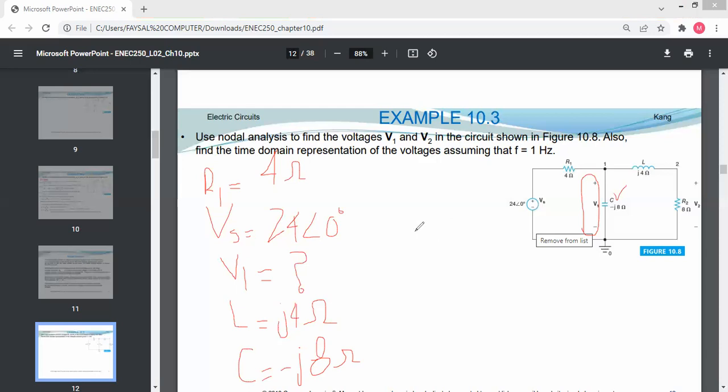Now R2 equals 8 ohm, and with the value of V2, I have to find the value of V2. The frequency is assuming 1 hertz. Okay, so these are my given parameters.